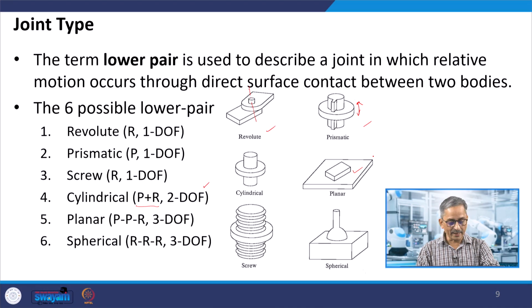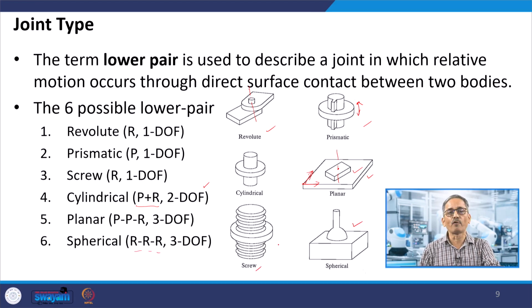The planar one has 3 degrees of freedom, as I just discussed about the mobile robot. Here also, suppose I have a coordinate system over here. I could describe the position of this object by xy coordinates as well as the rotation about this axis. So, it has 3 degrees of freedom. Similarly, the spherical one has 3 degrees of freedom, all revolute type.